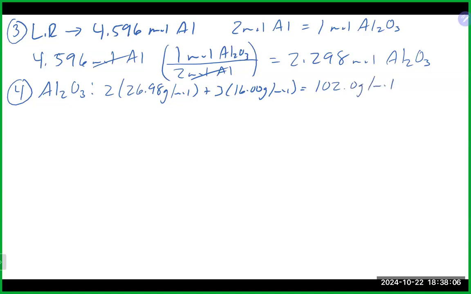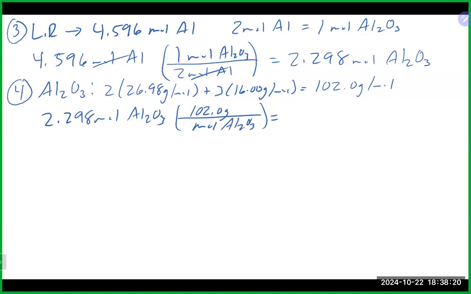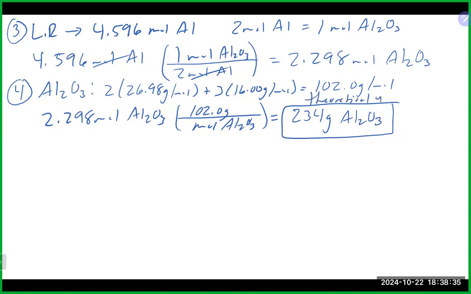So the last step here is 2.298 moles of aluminum oxide times the molar mass from the periodic table for aluminum oxide. That yields about 234 grams of aluminum oxide that would be produced. This would be our theoretical yield.